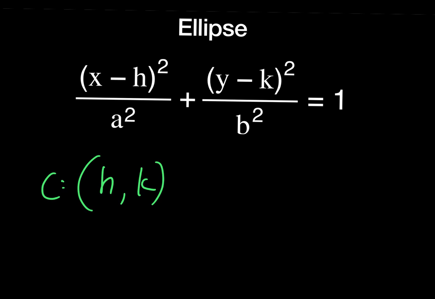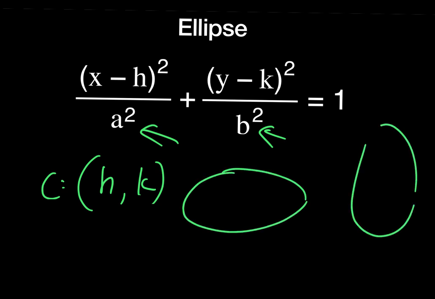We're not going to get into calculating the foci and where they're located. You'll do that in pre-calc, if you take pre-calc. But what these numbers tell me is whether it's a horizontal ellipse or a vertical ellipse. No, those are not perfectly drawn.